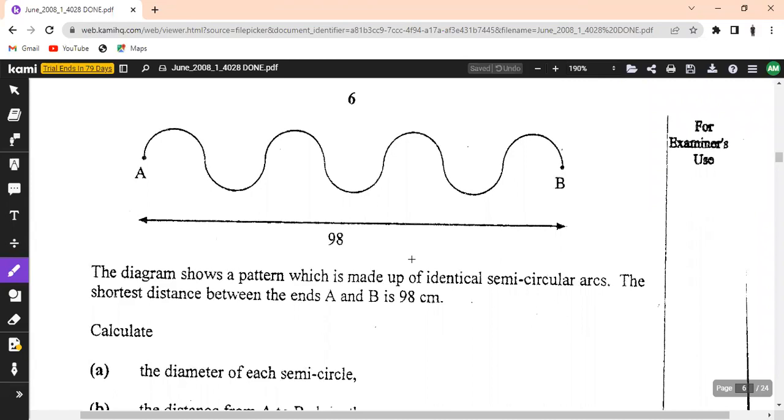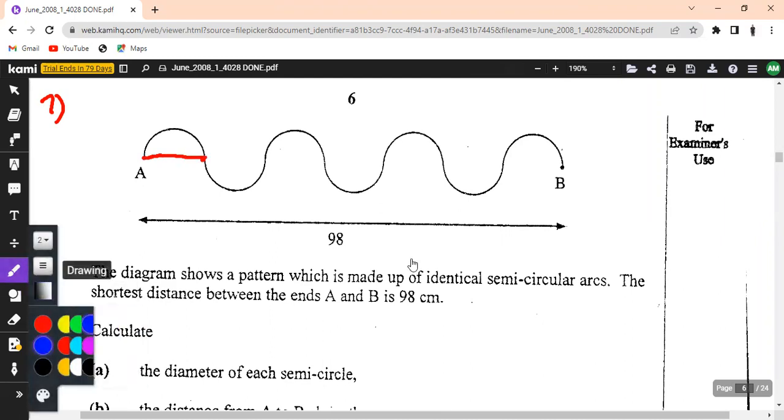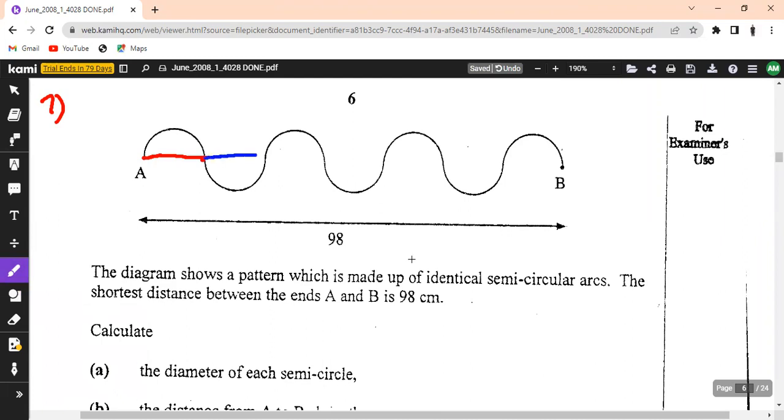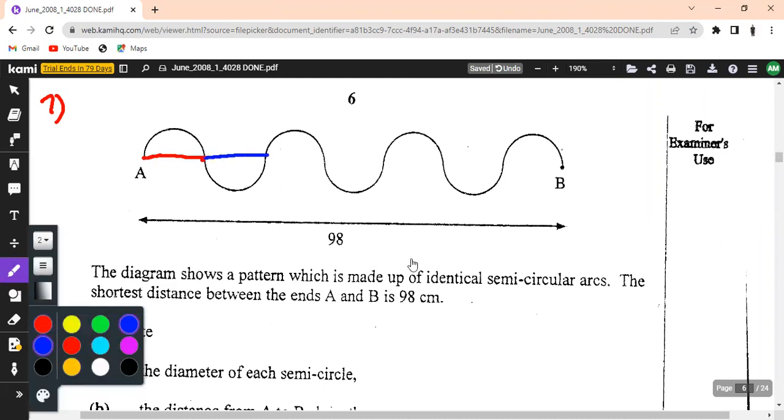Then the other question, which is question number 7, actually. We are given from A to B, the distance in between is 98, and it's made up of semicircles. From this point to this point is a semicircle. From that point to another point, it's another semicircle, and so on.